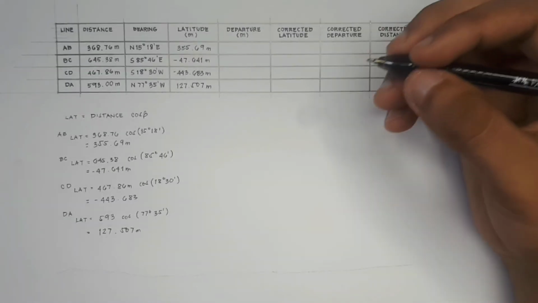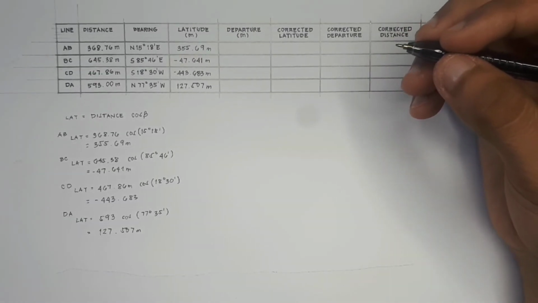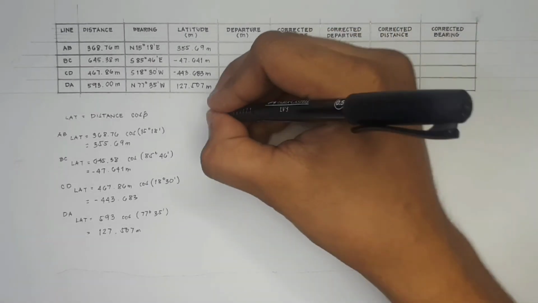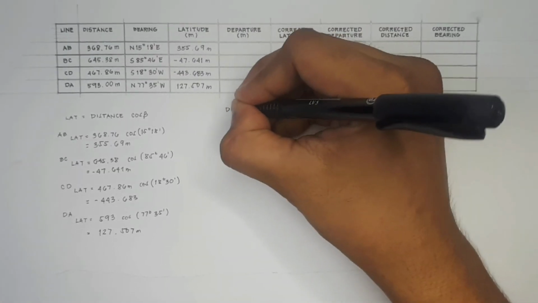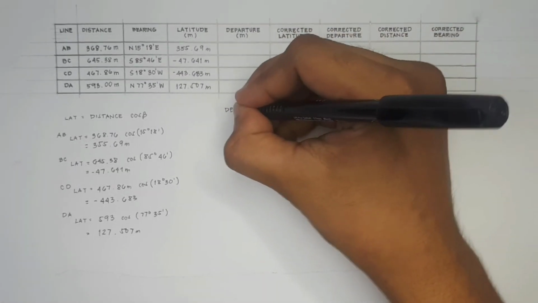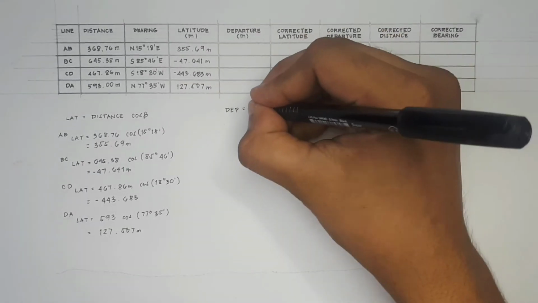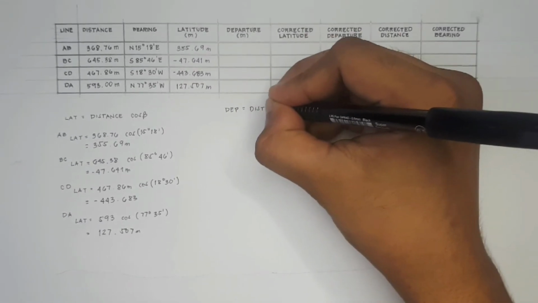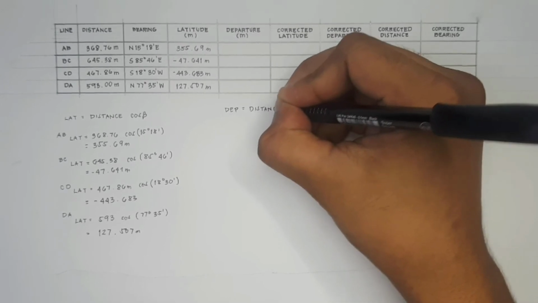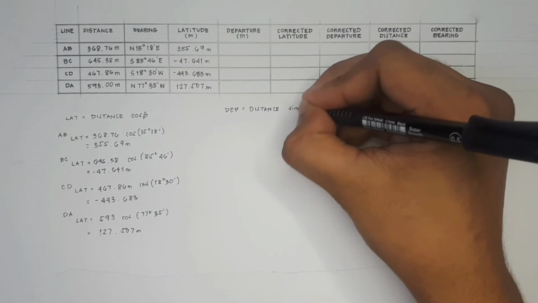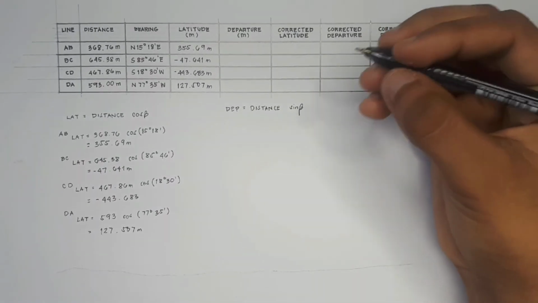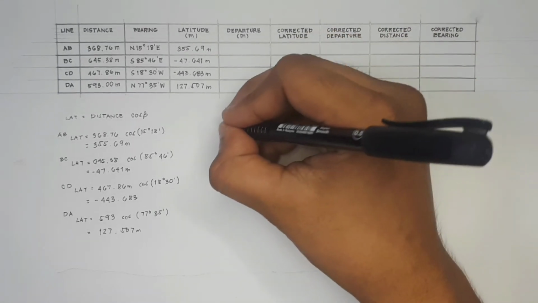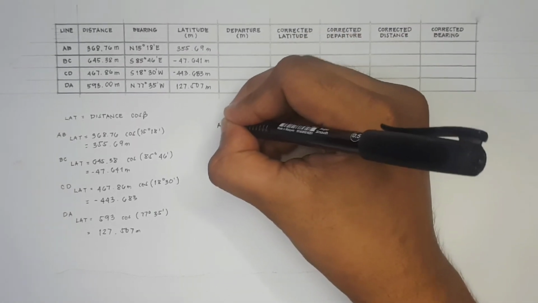Let's now proceed to the departure. The departure is equal to the distance times the sine of the bearing angle. Now let's start with AB.